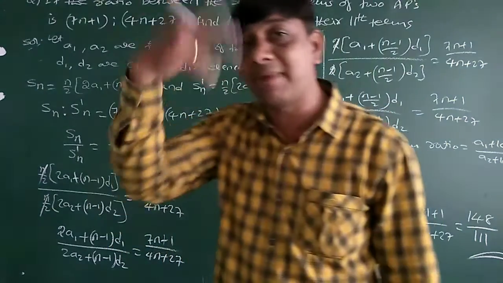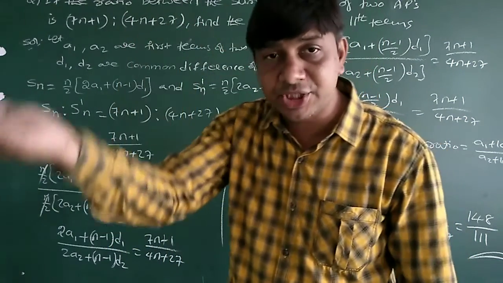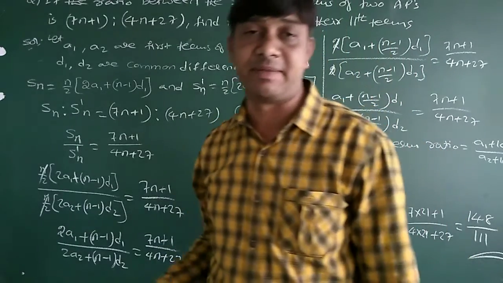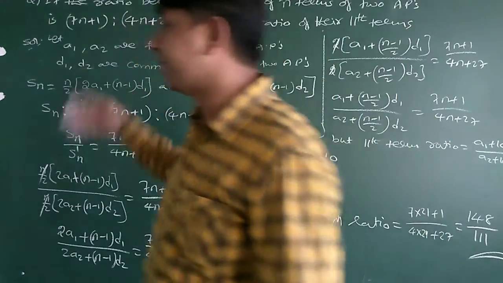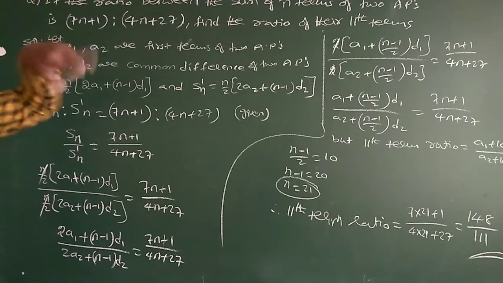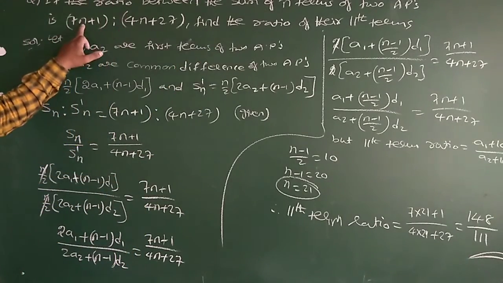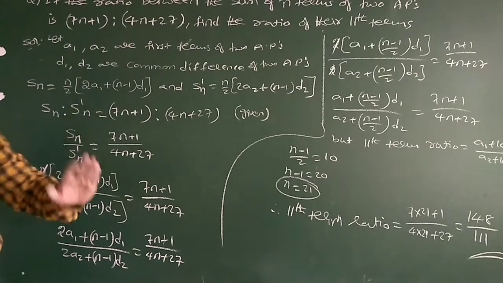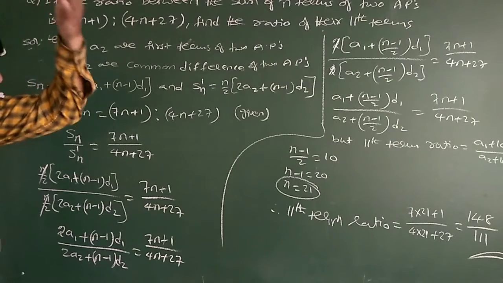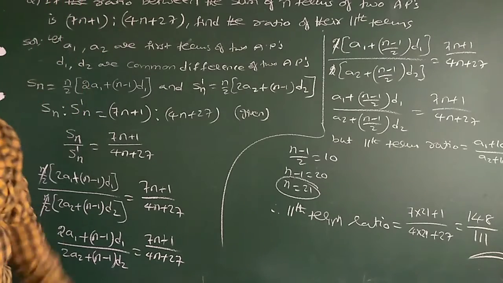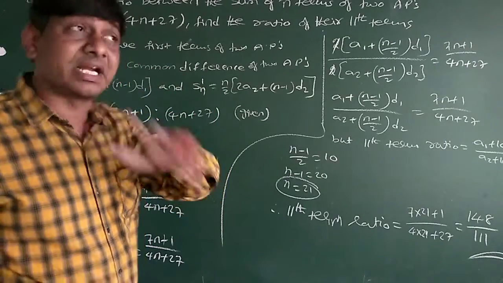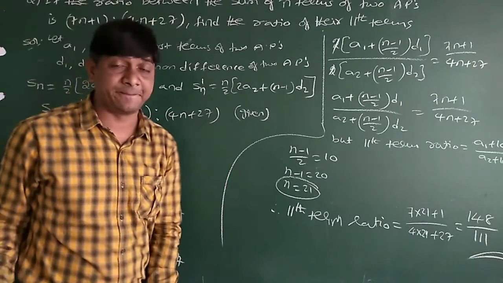Whatever term they ask, double it and subtract 1 from that, and substitute that value. For the 15th term, 15 twos are 30 minus 1, so 29 is substituted here. For the 17th term, 17 twos are 34 minus 1, so 33 is substituted in place of n.